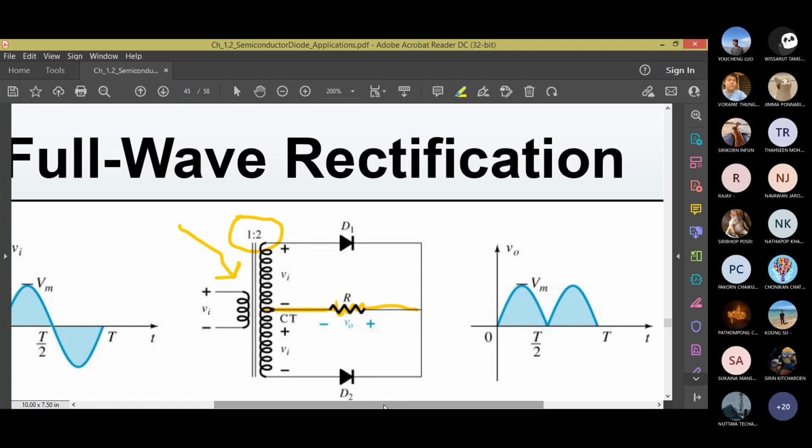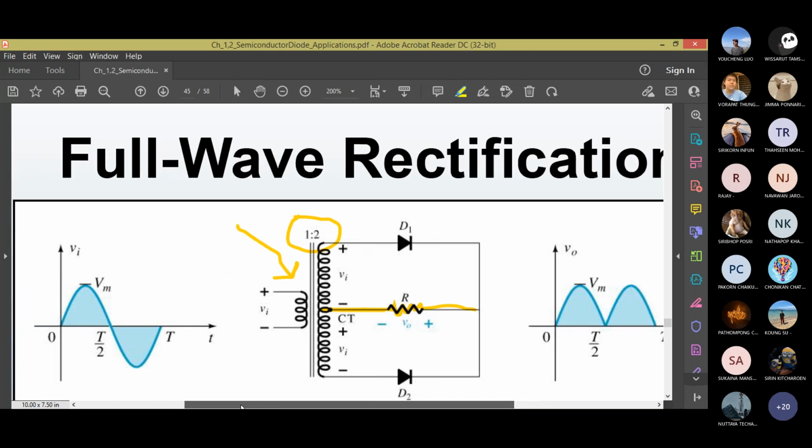No questions. Okay. So what happens during the positive half cycle of the input voltage? You have positive on top and negative on the bottom, but since you center tap, this point becomes negative, separated again to the second side. This one becomes positive since this is the ground. Which diode is on?